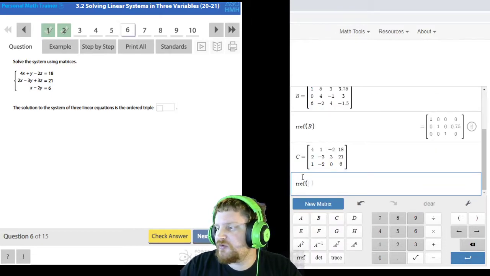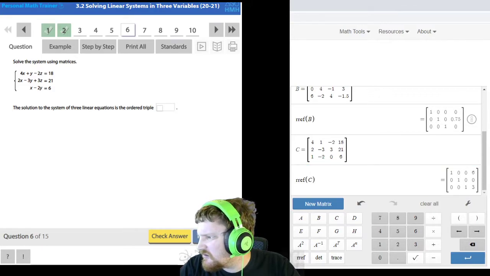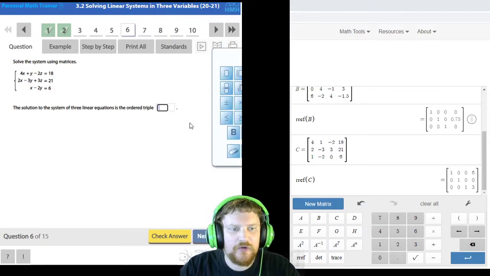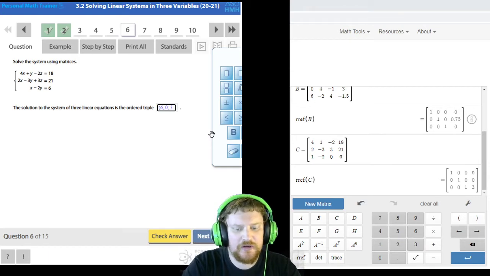Once again, row reduced echelon form. This time we are named matrix C. And I have 1s in the diagonal surrounded by zeros. And that looks like a 6 to me, which would be 6, 0, 3 in that order.